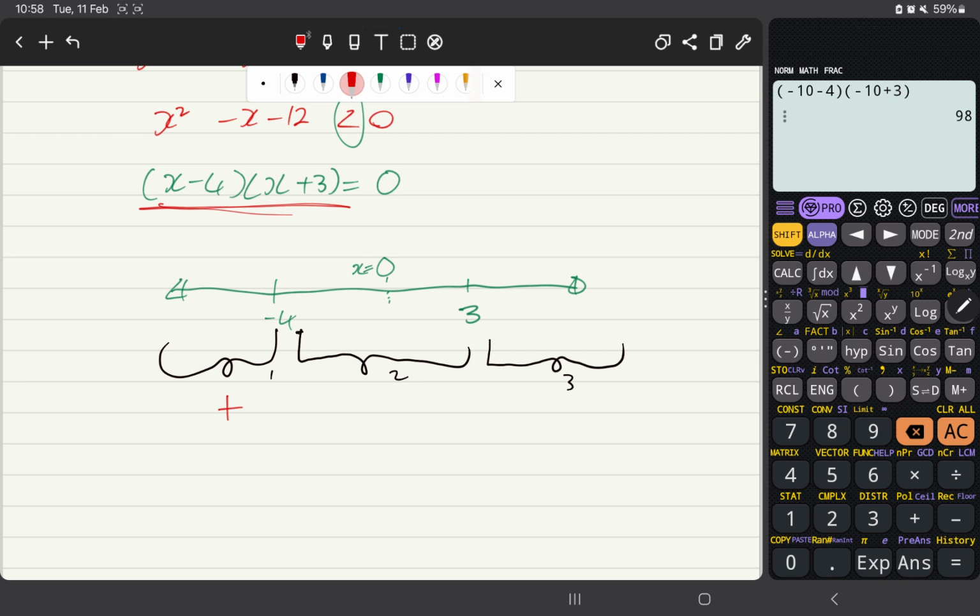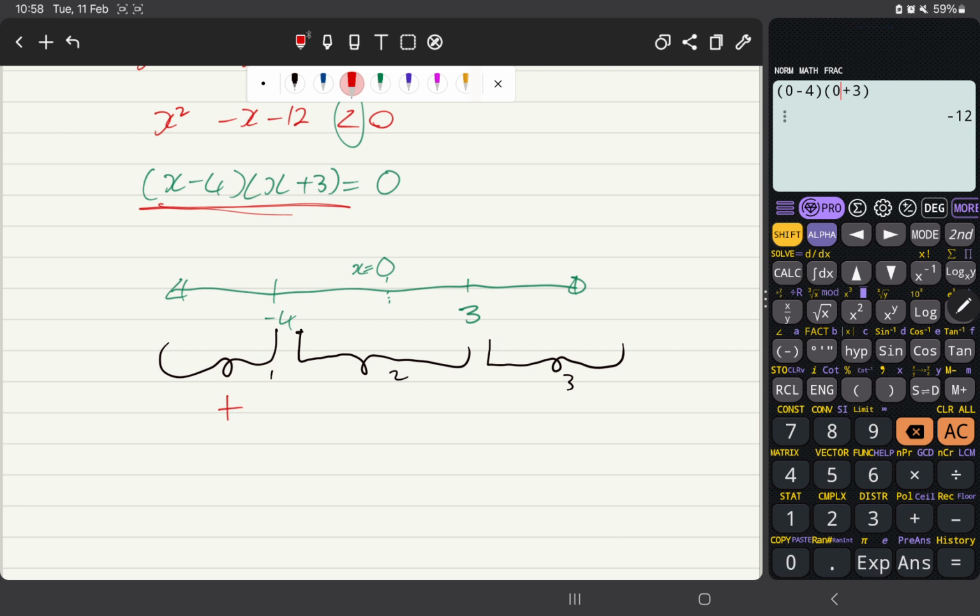Even if you go for minus 5, just for an example, we still get a positive number, right? So now the question is, let's take any value that is below 3 and above minus 4, just any value between there. The easiest one is 0, it's just the easiest one you can go with.